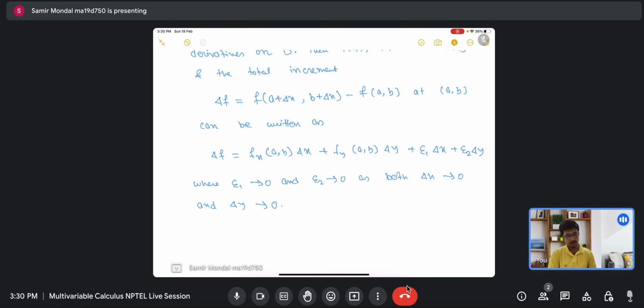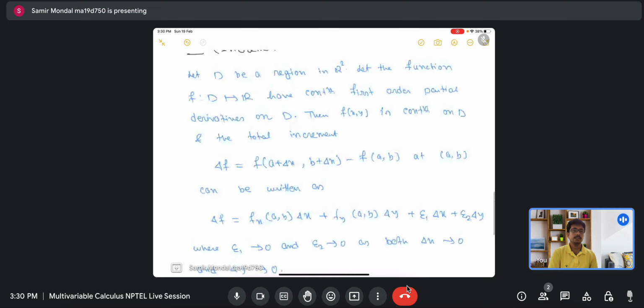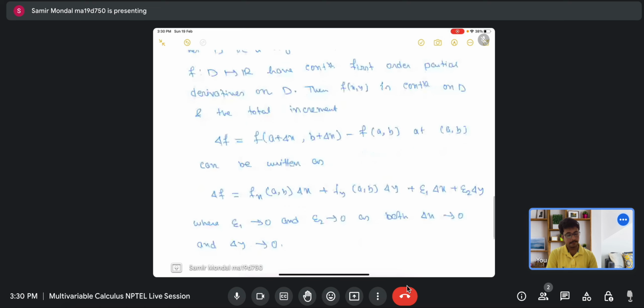So the increment theorem says that if our two variable function has continuous partial derivatives, then the function itself is a continuous function on the domain D, and the total increment has this form. Epsilon 1 depends on the increment del x and epsilon 2 depends on the increment del y.